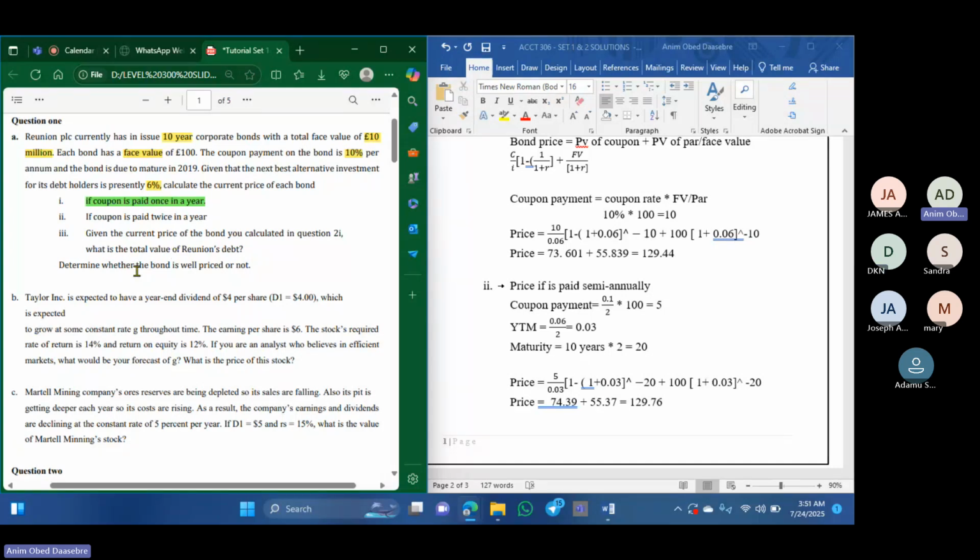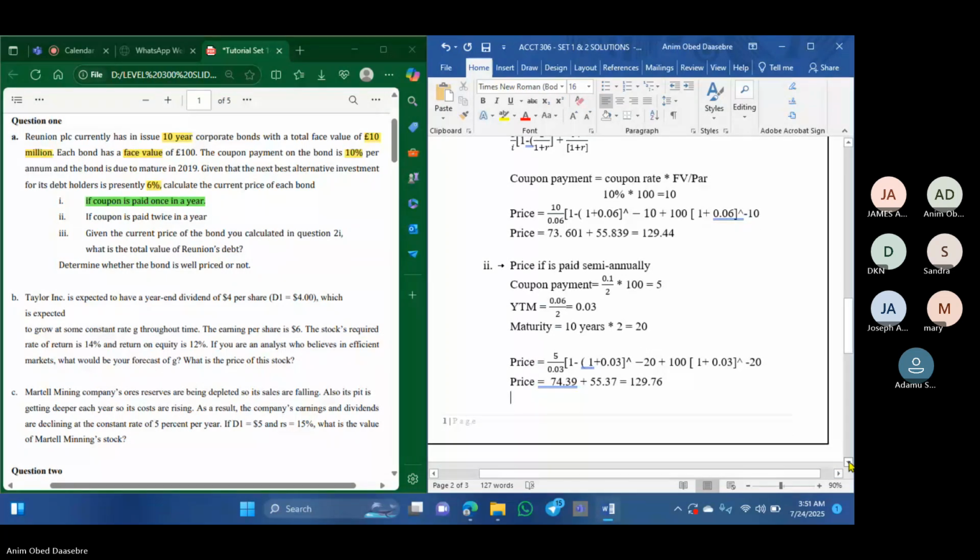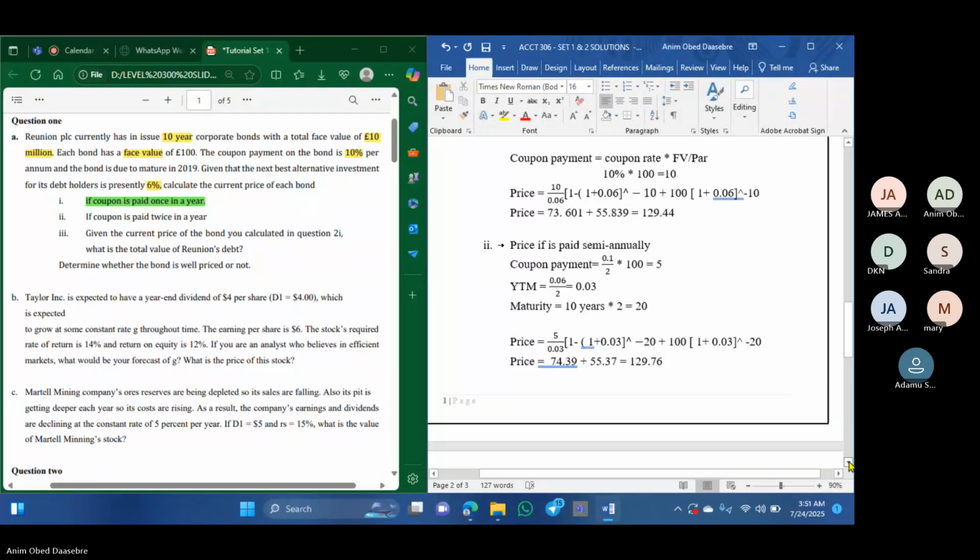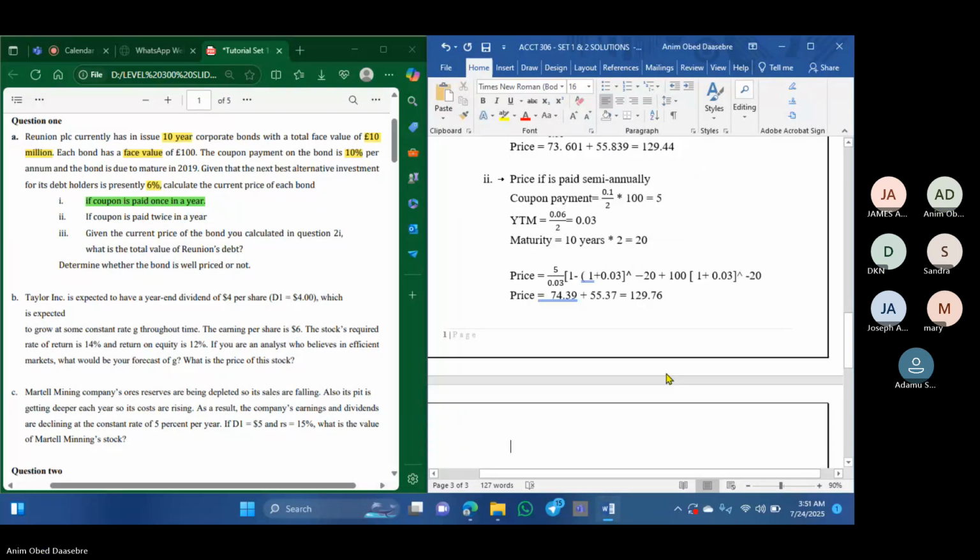Determine whether the bond is well priced or not.